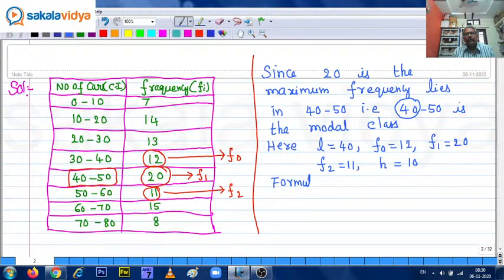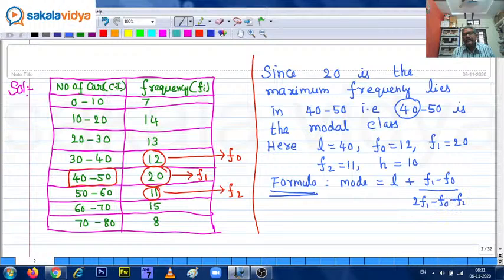Using the formula to find the mode of grouped data: Mode is equal to L plus (F1 minus F0) upon (2F1 minus F0 minus F2), multiplied by H. Let us substitute the respective values.